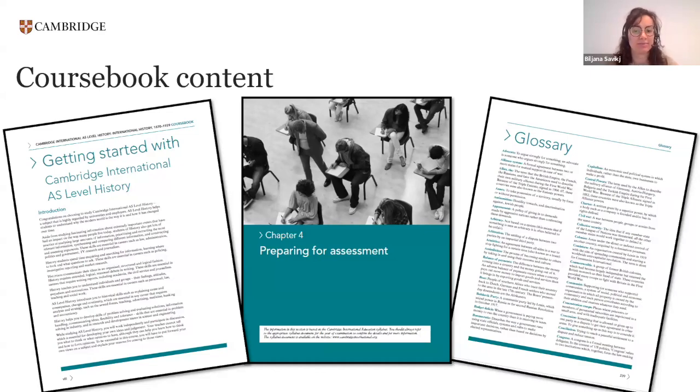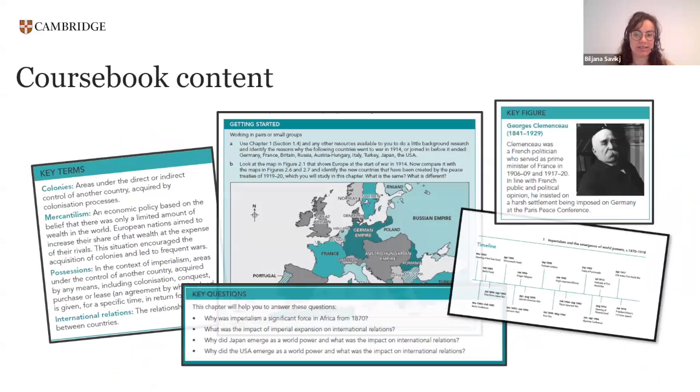Again, the Preparing for Assessment chapter is really important, as it delves deeper into the assessment for this qualification, helping students to understand the exam skills and the tasks they need to develop and to succeed. The glossary of key terms is really important so that the students can learn and review the key vocabulary for the course. We have more features on the next slide.